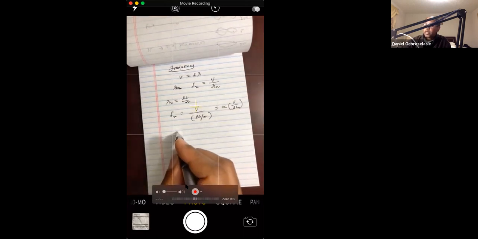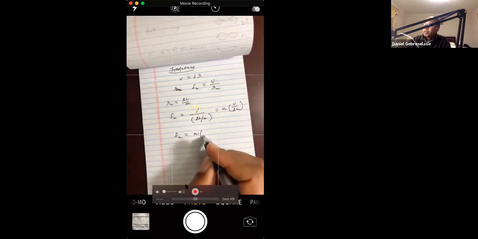So we get n times the speed V over 2L, okay? So this is the formula for the nth harmonic. The nth harmonic is n times the speed divided by 2L. Remember, V is speed of the wave.